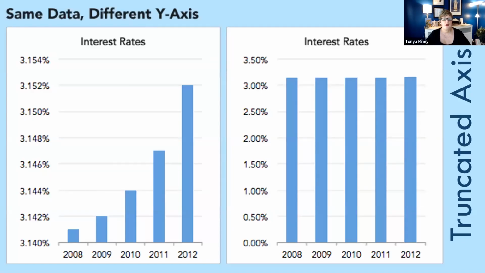So let's talk about the truncated axis, right? We got the same data and a different y-axis. So if I look at the chart on the left, then clearly interest rates are horribly out of control, right, from 2008 to 2012. And that's the takeaway that I'm going to have unless I actually really investigate and critically consider what this actually means.